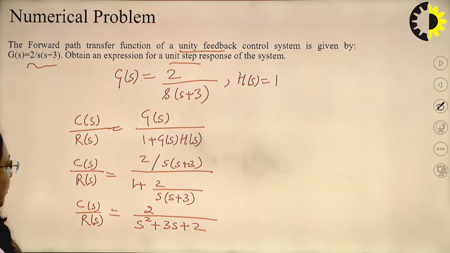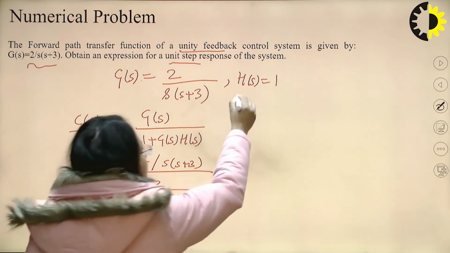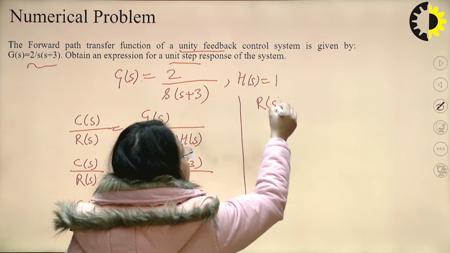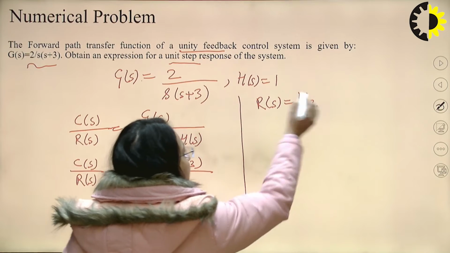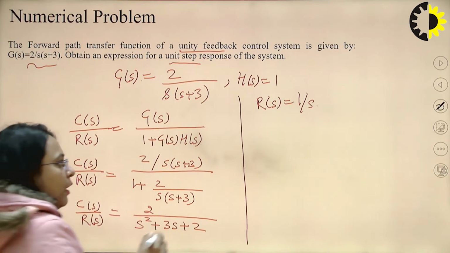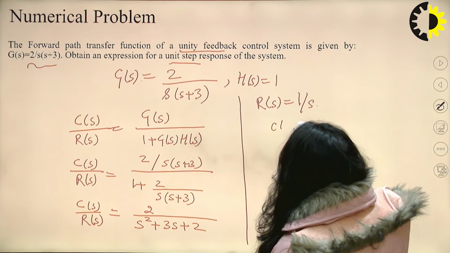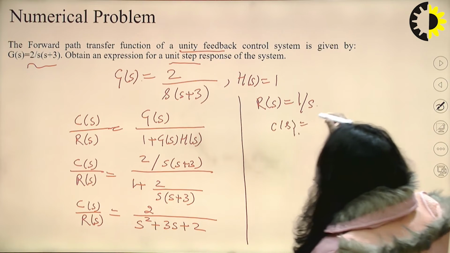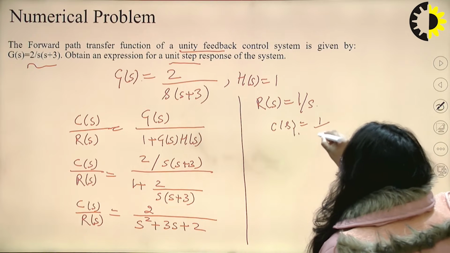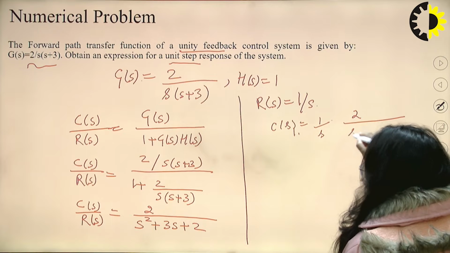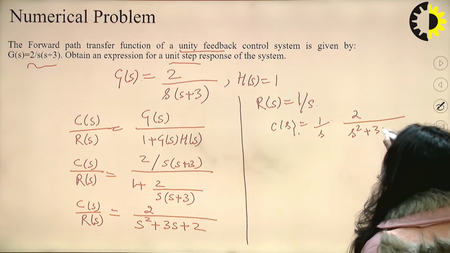Since the input is a unit step input, R(s) will be equal to 1 by s. So we put the value of R(s) in this equation and we'll get C(s) equal to 1 upon s into 2 upon s square plus 3s plus 2.